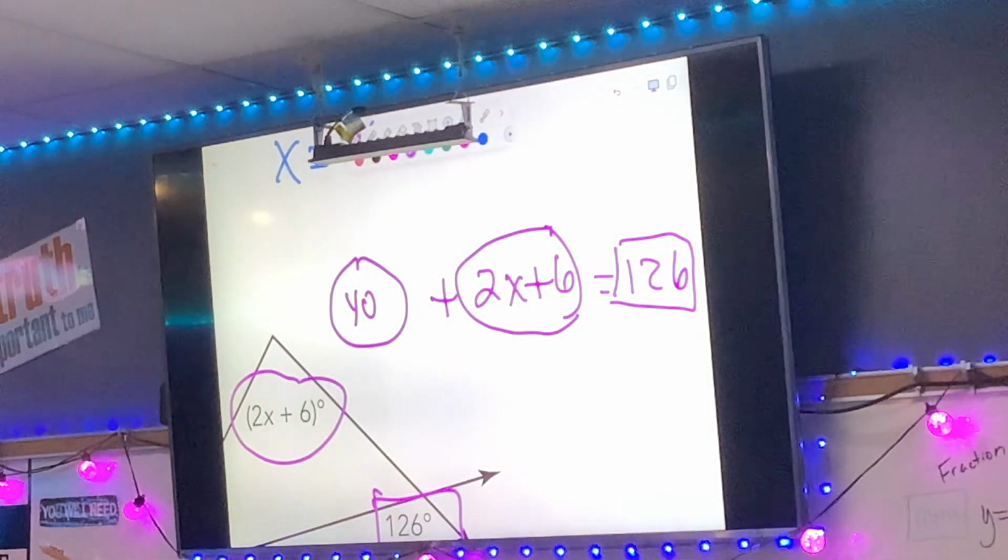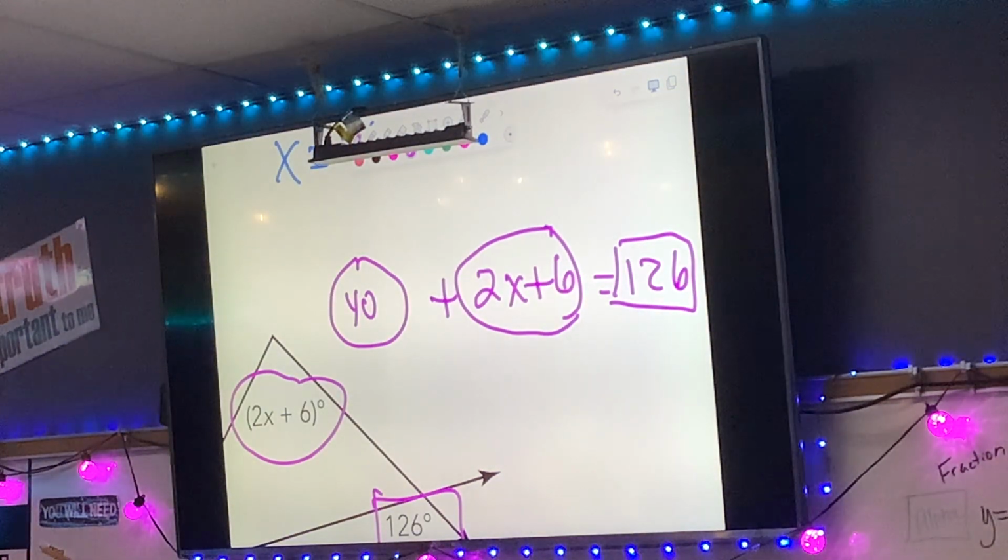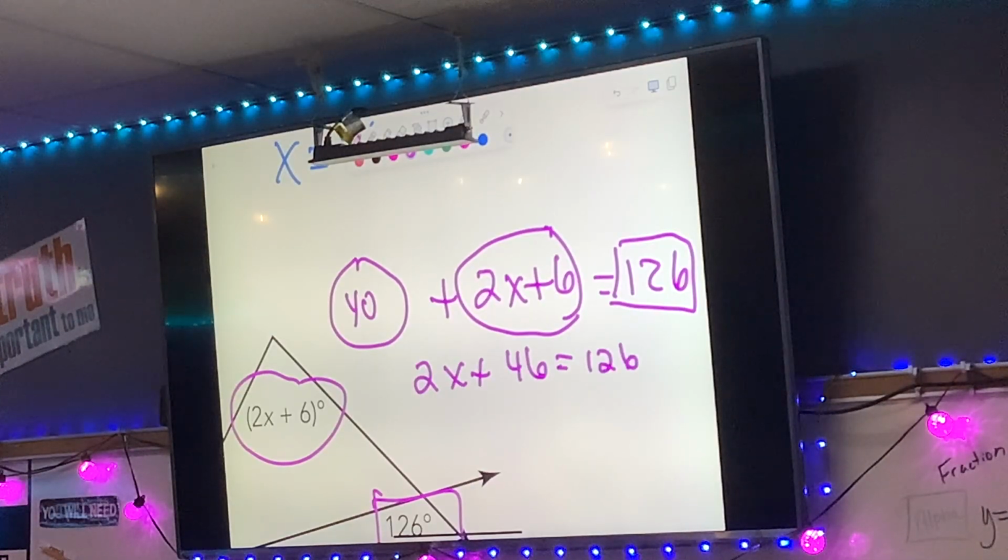Now, on the left-hand side, I have too much. A minute ago, didn't we combine an x and an x to make a 2x? Yes. So what can I combine on my left-hand side? 6 and 40. So what is 40 plus 6? 46. Good job. So I have 2x plus 46 equals 126.